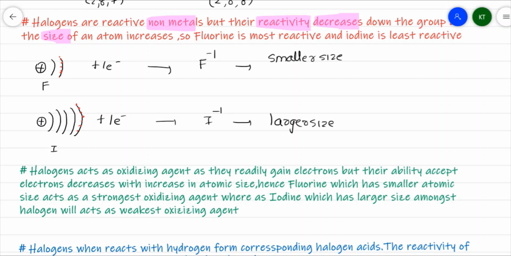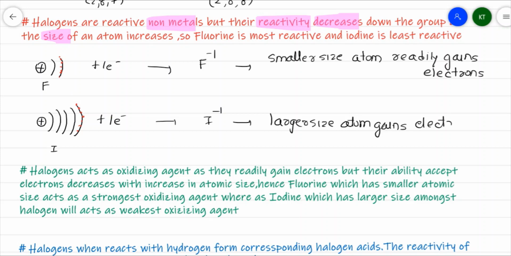A smaller size atom readily gains an electron, whereas a larger size atom gains an electron with difficulty.